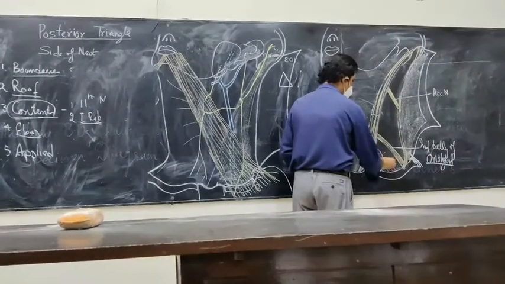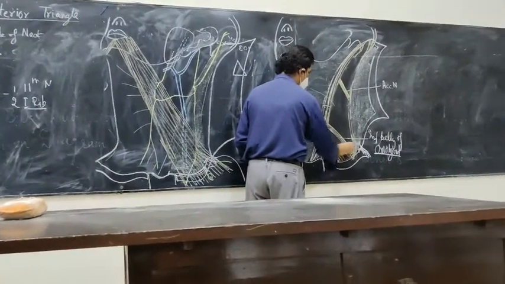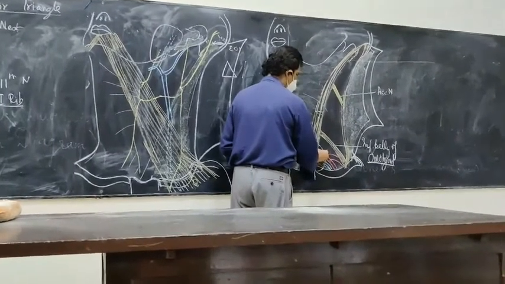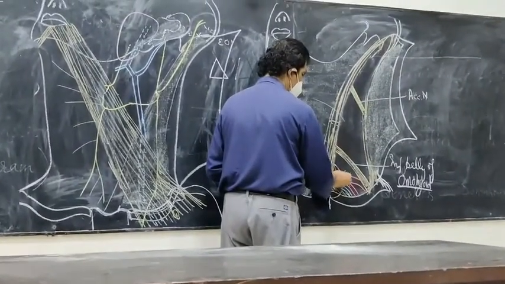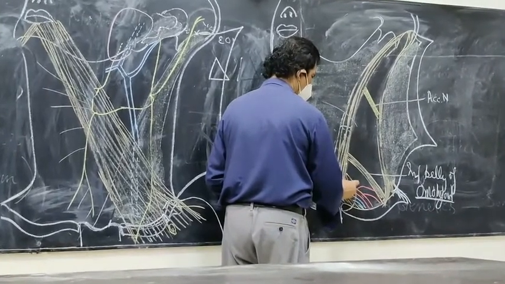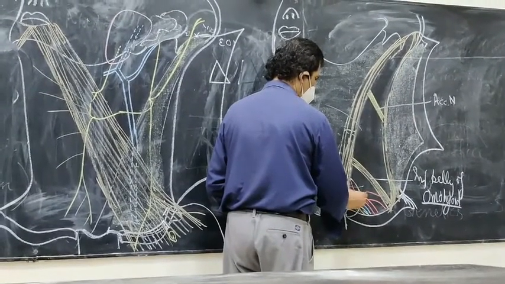With all its branches, the dorsal scapular, suprascapular, and branches of the thyrocervical trunk, all are present in the contents.